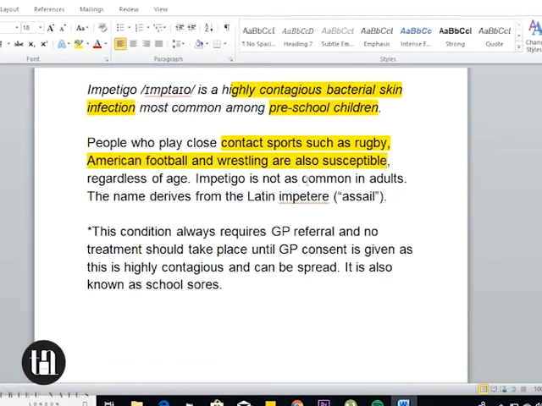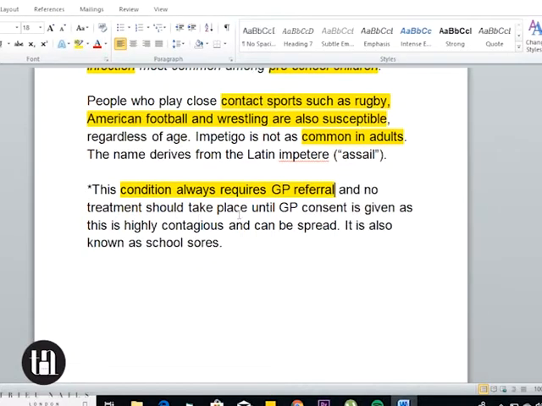But it's not very common in adults. The condition always requires a GP referral and should only be taken up if the GP gives a go-ahead. It's important to note that this condition is highly contagious and can be spread, generally known as school sores.